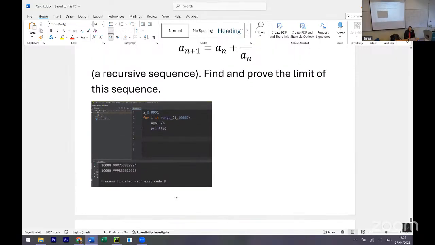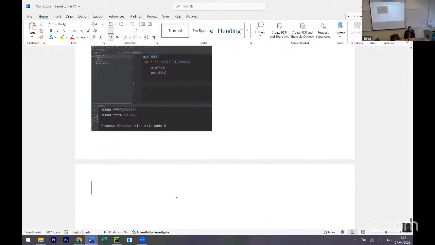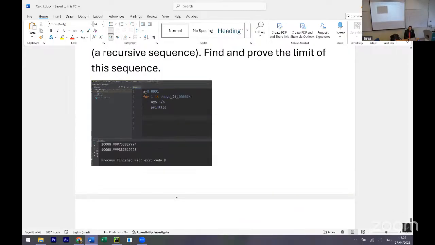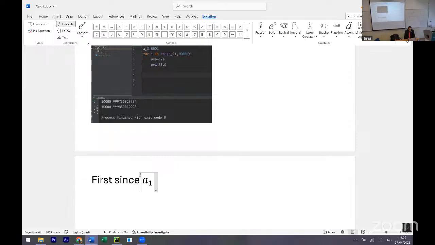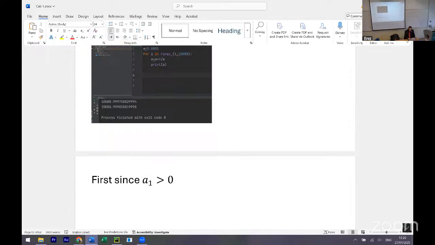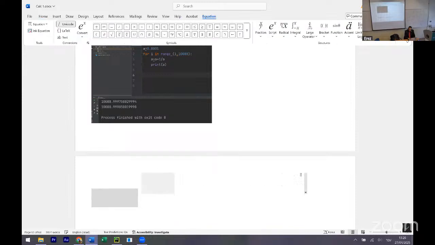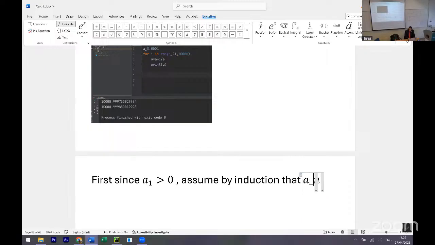Okay, so the proof is quite elegant and fast, and that's why I find it such an interesting way of thinking about it. First, since A1 is positive, assume by induction that AN is positive.